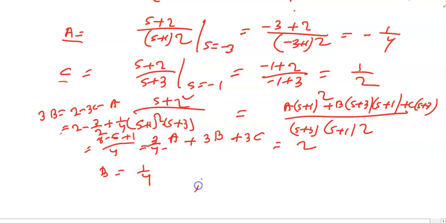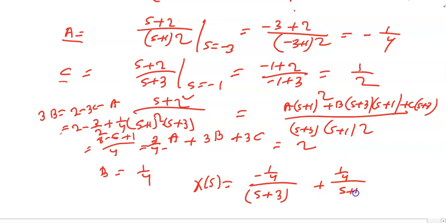Ultimately your X(s) becomes minus 1 upon 4 upon s plus 3, then plus 1 upon 4 upon s plus 1, then plus half upon s plus 1 square.